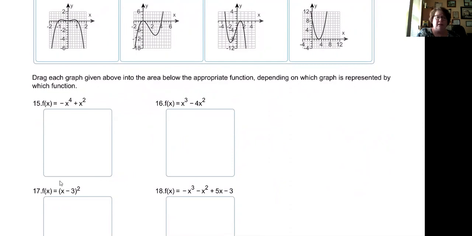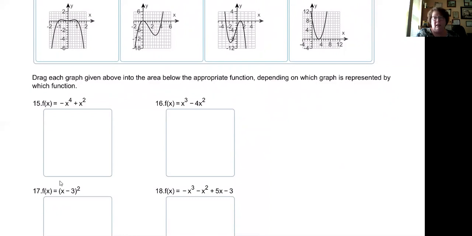15 is f of x equals negative 4x to the 4th plus x squared. That's an even function. Its degree is 4, so it's even, and its leading coefficient is negative. So what kind of end behavior does this function have? This function's end behavior is that it will fall to the left and it will fall to the right.